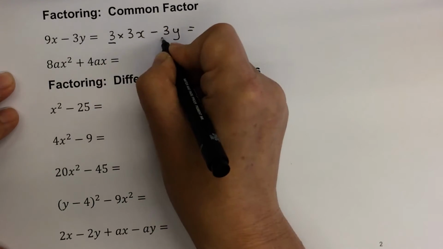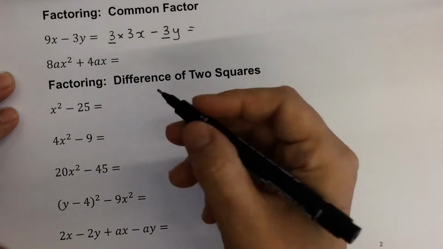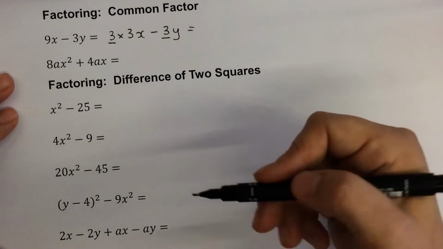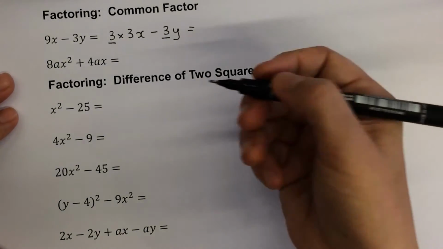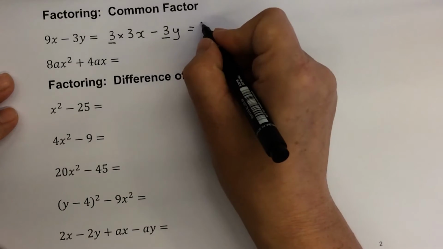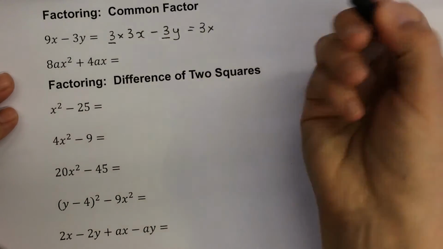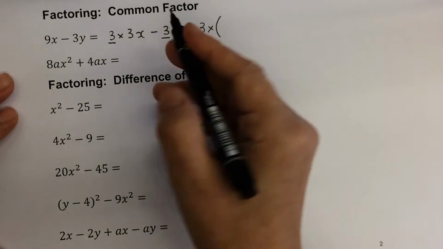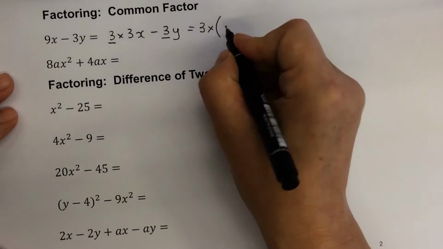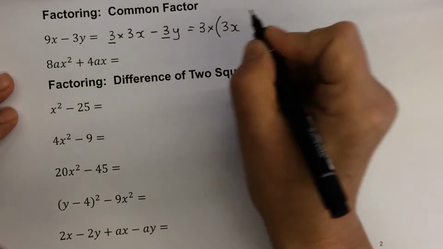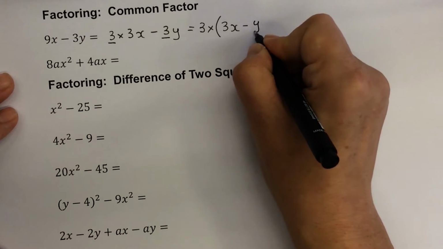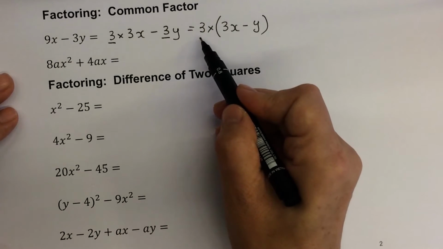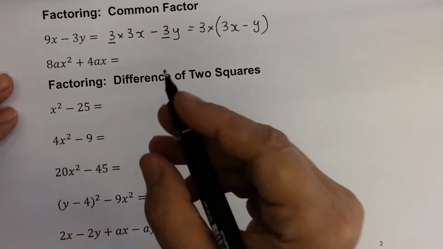The common factor is 3. Factorization is the process opposite to expanding brackets. So 3 can be taken outside of the bracket, and whatever is left we put inside the bracket. So here we have 3x, and from this term minus y. So we presented our expression as a product.